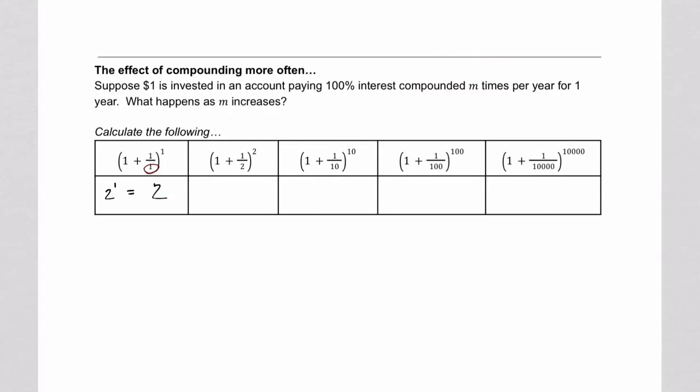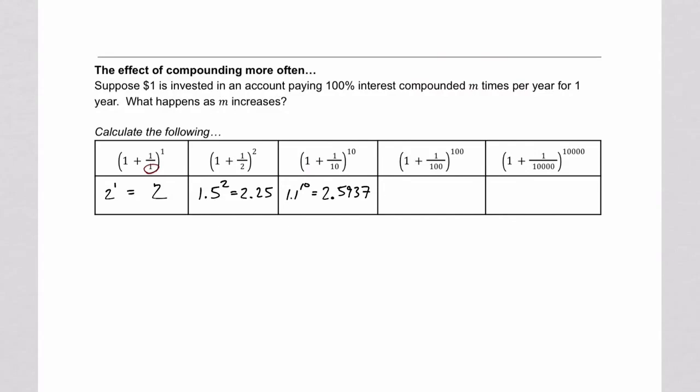If compounding happens twice per year, we get 1.5 to the second power, which equals 2.25. If m equals 10, we get 1.1 to the 10th power, which turns out to be roughly 2.5937.